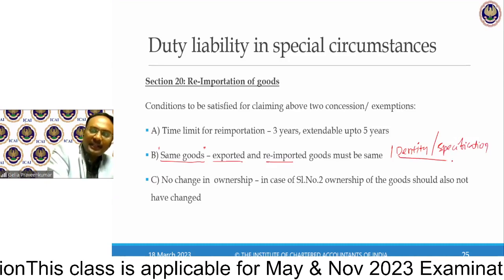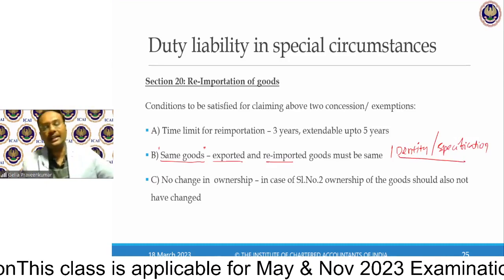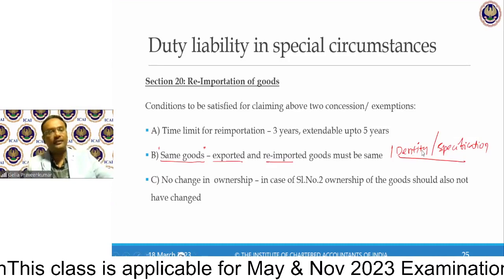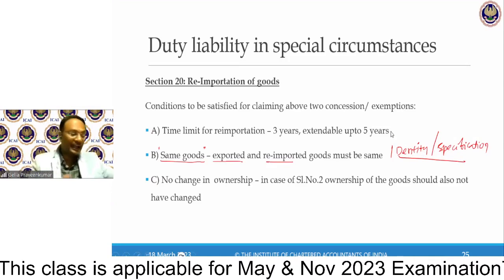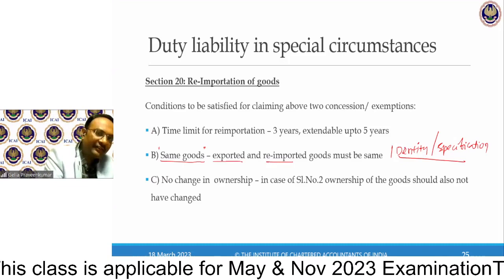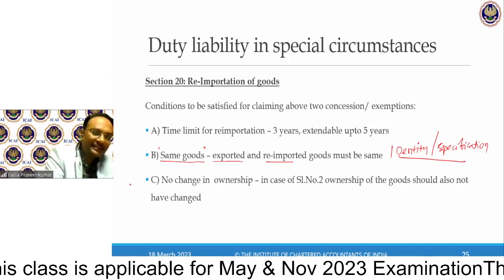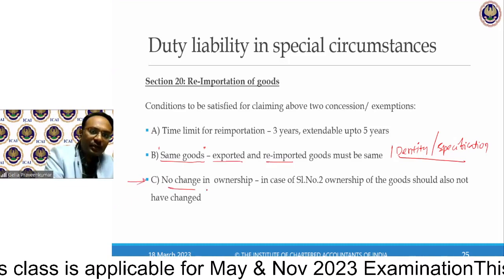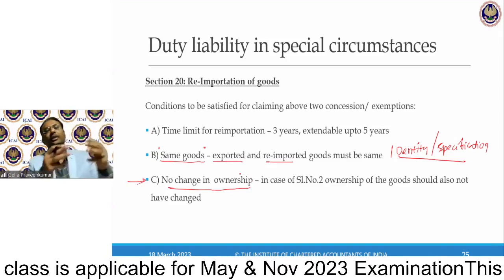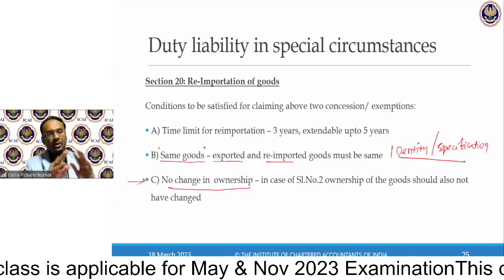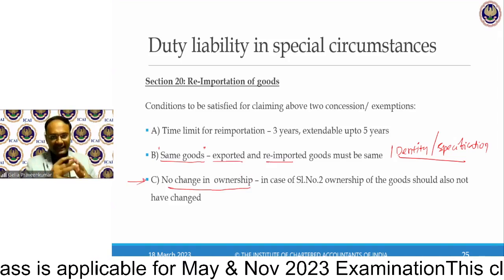If it is not maintained, then I cannot enjoy the benefit under notification 45 of 2017. And last but not the least, very, very important, tax planning happens in this area: no change in the ownership. For the second case where I'm talking about repairs and all, I should not change the ownership. For an example, for a moment.